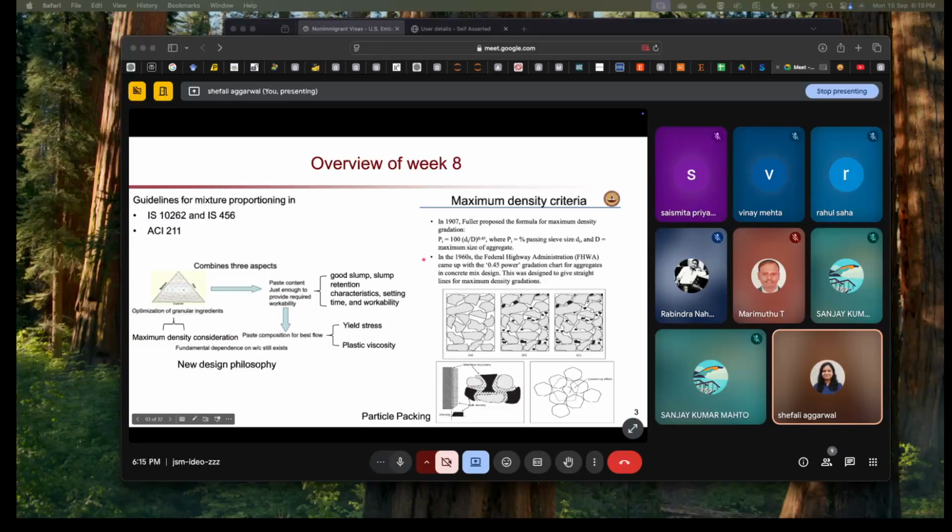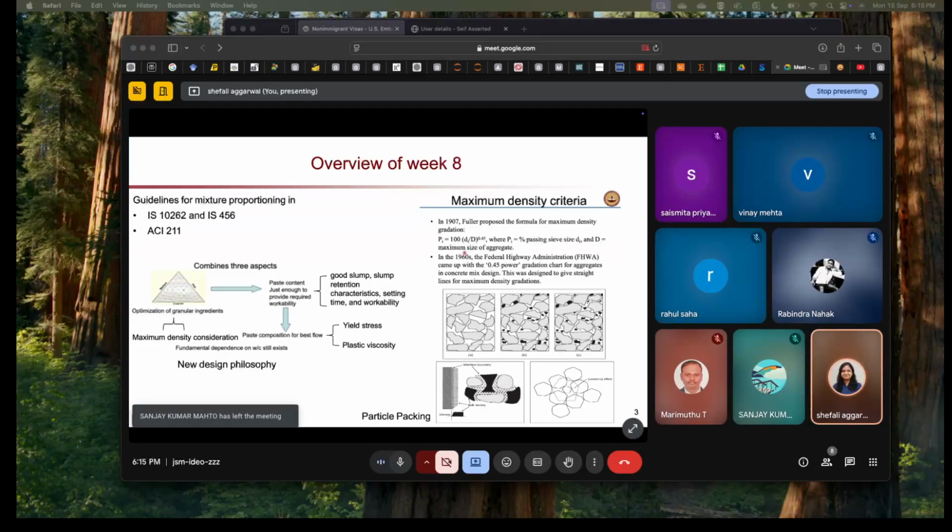So, if we start from granular ingredients, what exactly does the maximum density criteria mean? It means how much maximum size of aggregate you can use in your concrete system, depending on the different type of concreting you are doing. We will use the particle density index, and from this formula you can calculate what should be the maximum size of aggregate.